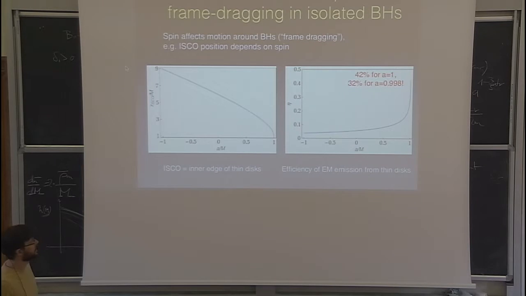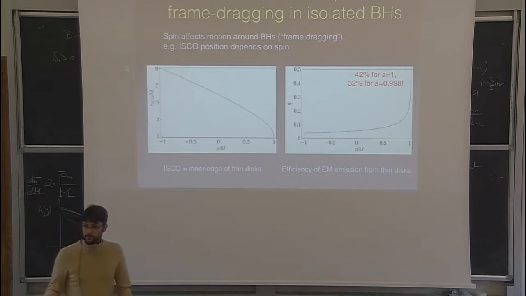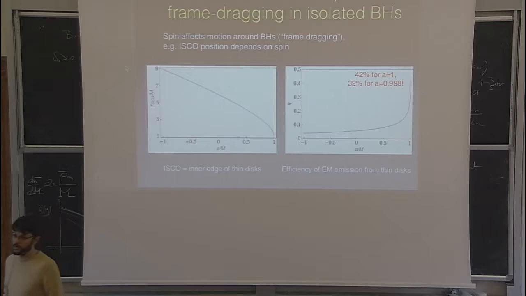So how much rest mass of the gas, as seen from infinity, is radiated away in photons is this efficiency. If you have 1 kilogram at infinity falling into a non-spinning black hole, by the time the mass falls into the black hole, it will be 0.95 kilograms.